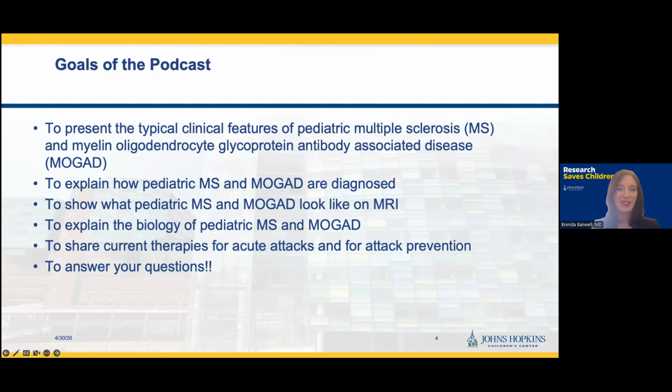Dr. Chen will then take over and discuss the biology of the 2 conditions, and then we'll come back around to management of acute attacks and management for attack prevention. And very importantly, we will then move over to a question and answer period where we can make sure that we address things that you would like us to talk about as well.